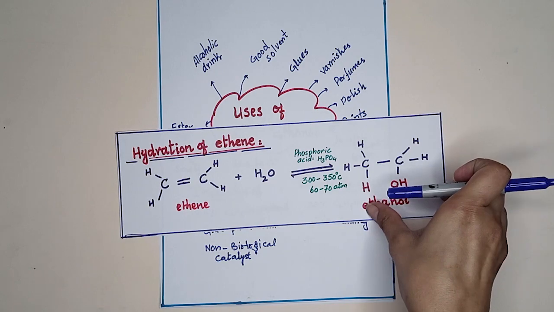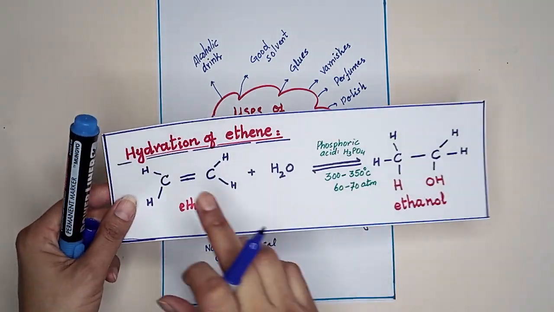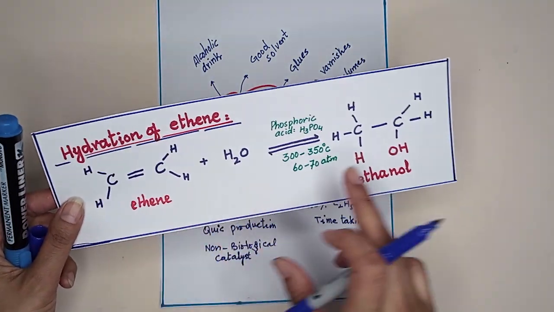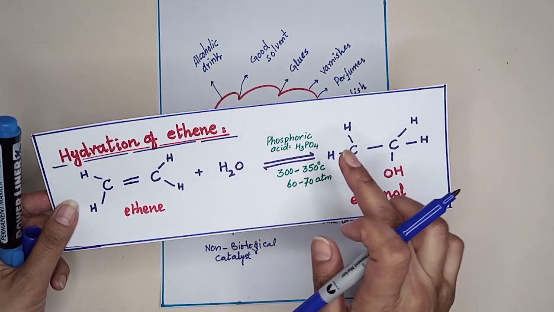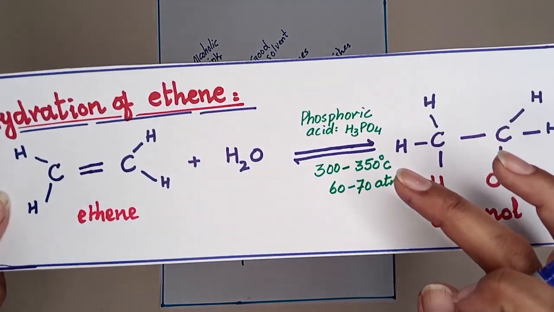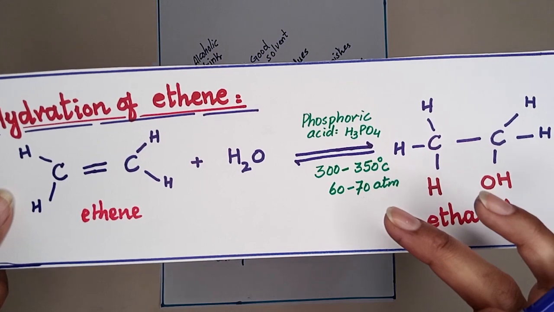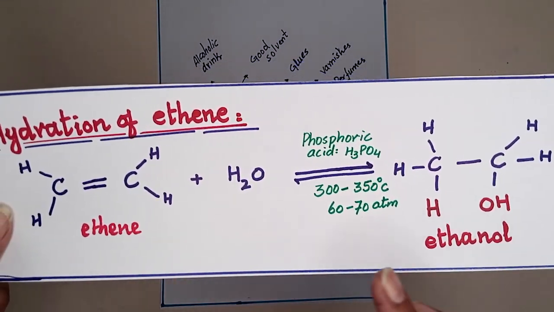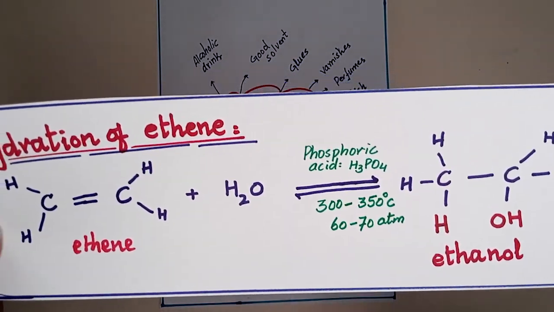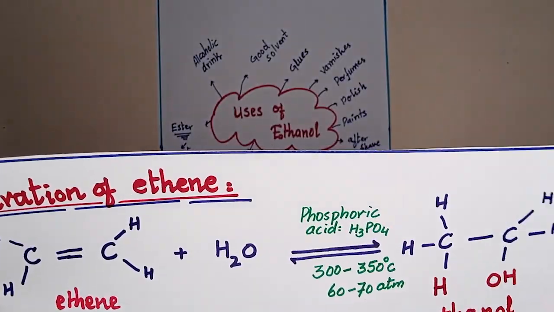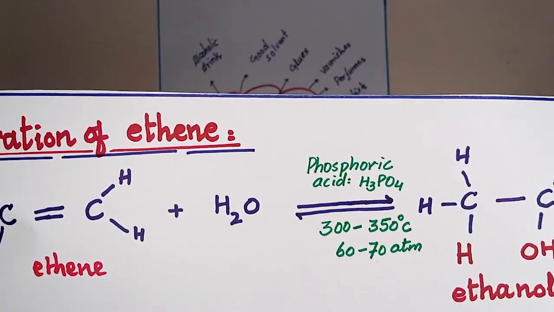The catalyst used in the industrial manufacture of ethanol is phosphoric acid, with a temperature of 300 to 350 degrees centigrade and 60 to 70 atmospheric pressure (ATM) required. So the catalyst required is a non-biological catalyst, that is phosphoric acid.